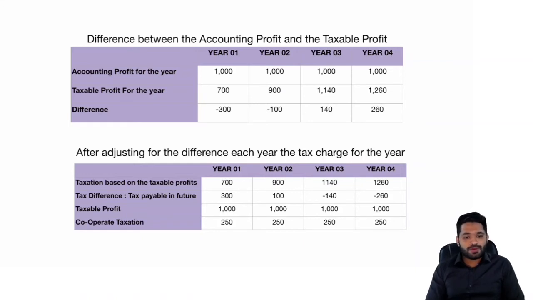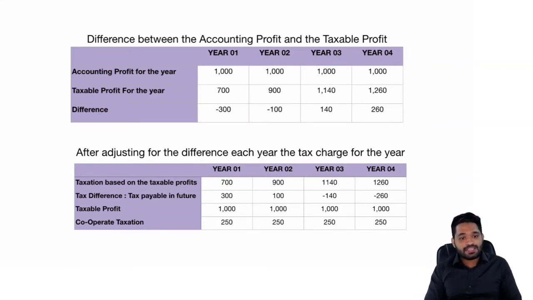So now what I'll be doing is looking into these differences and adjusting for them in my taxable profits to calculate my corporate taxation. On the second table, I've taken the taxation based on my taxable profits, and to that, I have adjusted the difference. In the first year, my taxable profit was lower by 300, so I add that 300 to eliminate the difference.